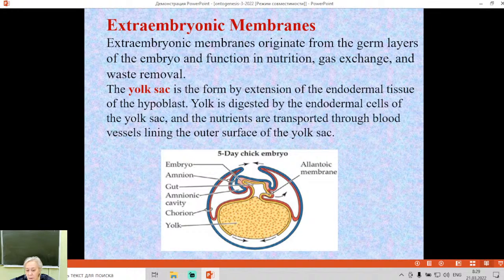For mammals, the yolk sac is formed by extension of the endodermal tissue of the hypoblast. Yolk is digested by the endodermal cells of the yolk sac, and the nutrients are transported through blood vessels lining the outer surface of the yolk sac.